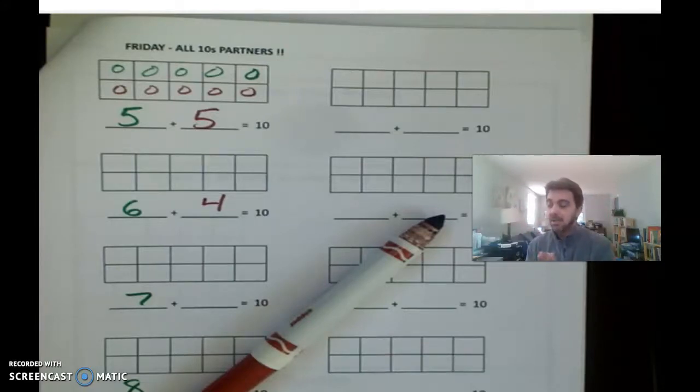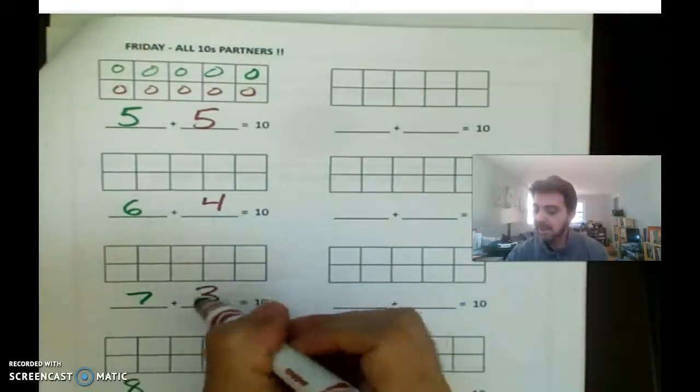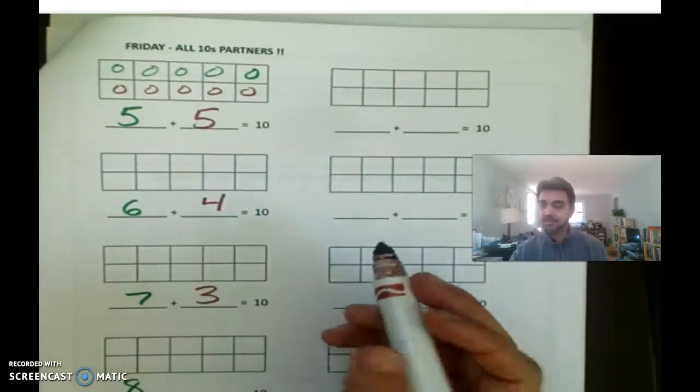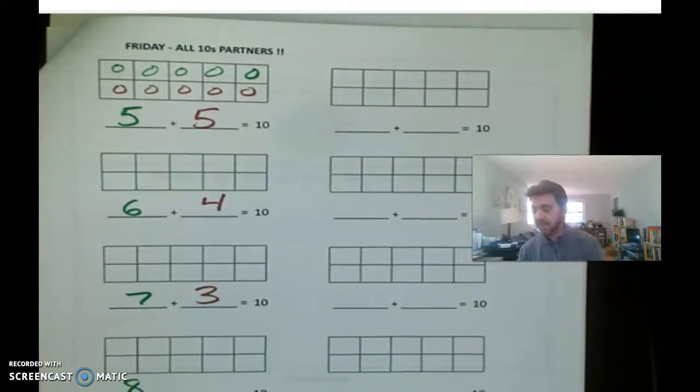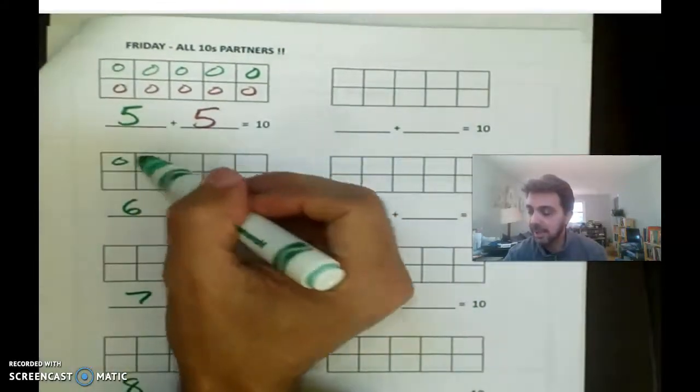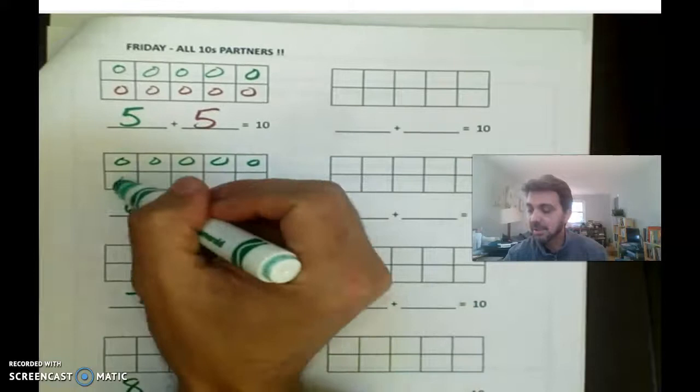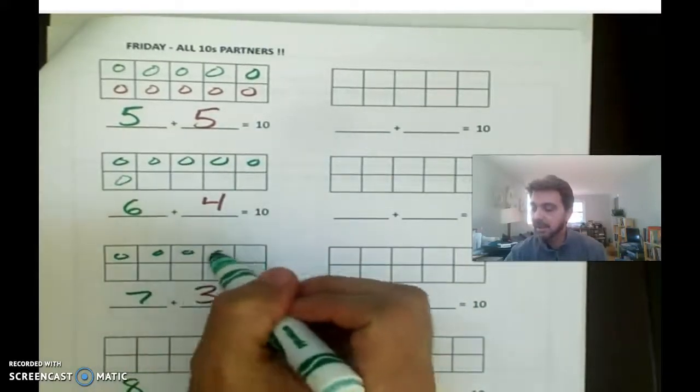All right. So if we have 7, how many more to make 10? We would need to add, let's see, 1, 2, 3, right? We know that, 3 more. So we're going to write 3 here. 7 and 3 makes 10. And then you would go back and you would fill in, if you haven't already, your 6 circles here and your 7 circles.